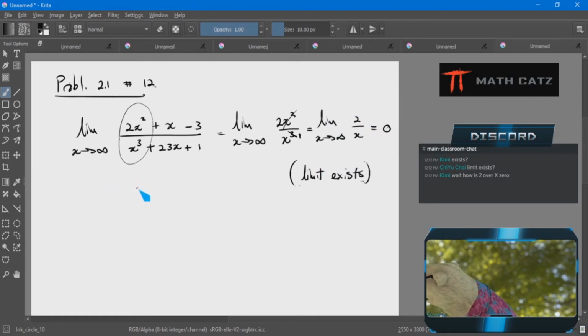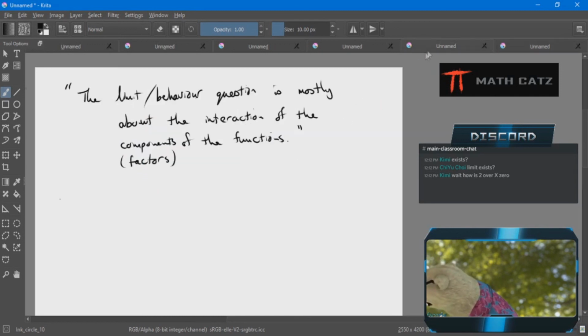But we've seen with rational functions, especially, it's all about how these pieces interact. So now I'm saying that in general, that's true as well. It's how the pieces interact. And a lot of that can tell me a lot about the behavior, what the answer is to the limit.